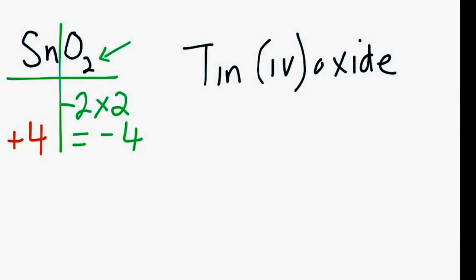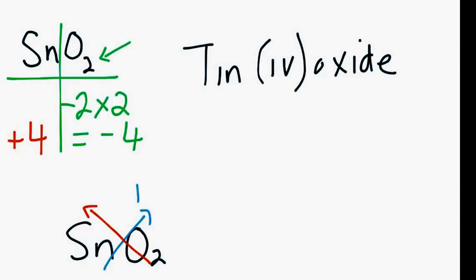If we had done the reverse crisscross, 1 would have come up for this, 2 would have come up for this. You have to double check it. Is oxygen -2? No, it's 1. So you have to multiply by 2.